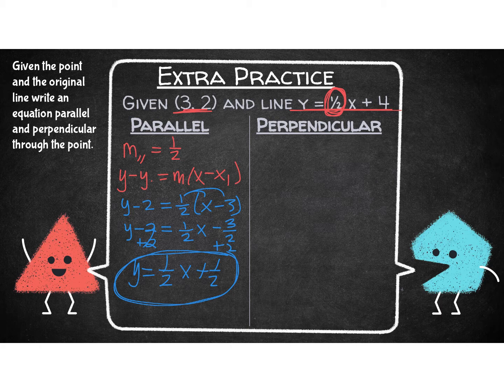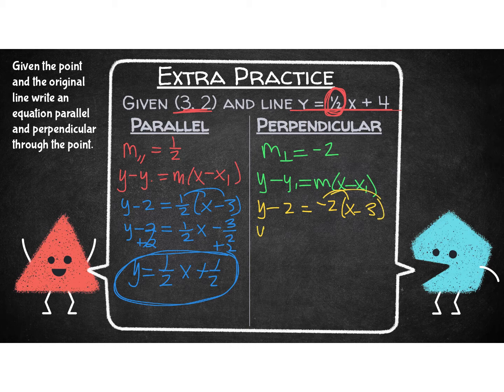Next one, we want to find the perpendicular. So m perpendicular. Flip the sign. Instead of it being a positive, it's going to be a negative. And flip the fraction. Instead of being 1/2, it'll be 2/1. y minus y1 equals m, x minus x1. Put in our numbers and solve. y minus 2 equals negative 2 times x minus 3.